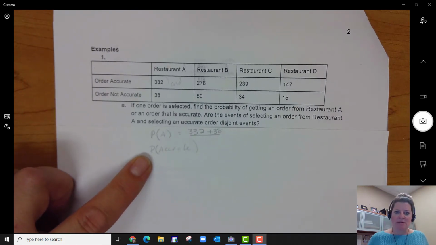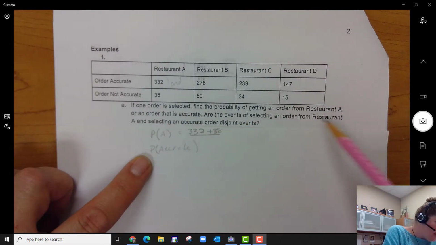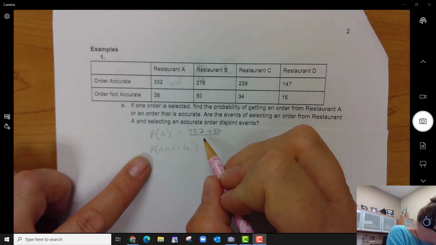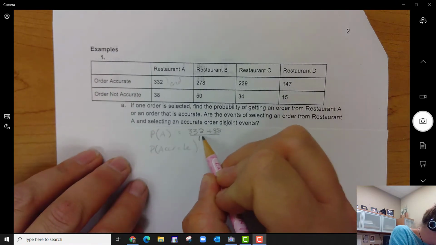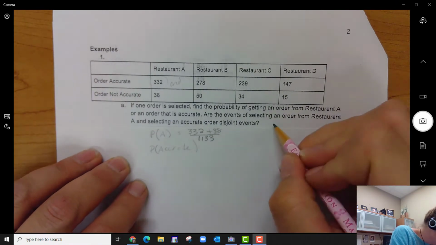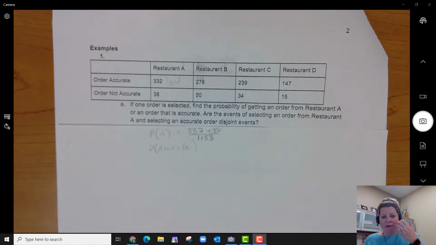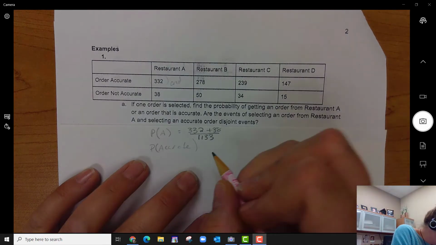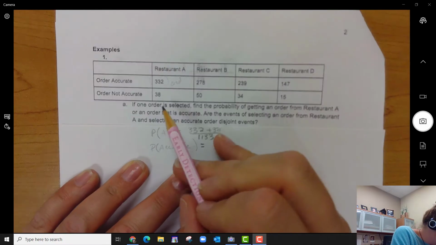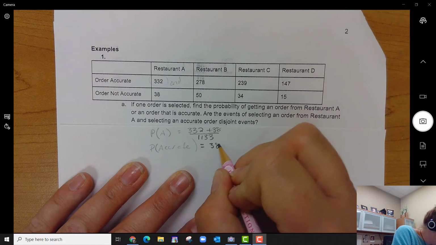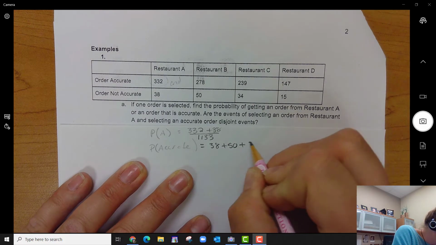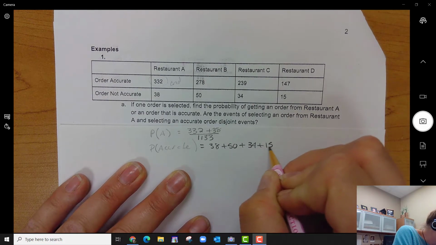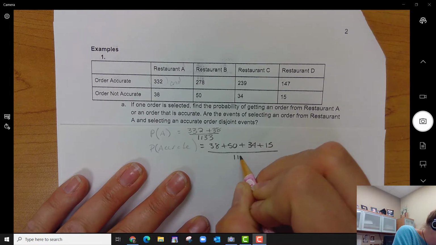What's our sample space? It's all of them. So we add up everything, and the denominator for this one, let me cheat, was 1133. So you add all of them to get your denominator. Now, the probability of being accurate would be 38 plus 50 plus 34 plus 15 all over 1133.